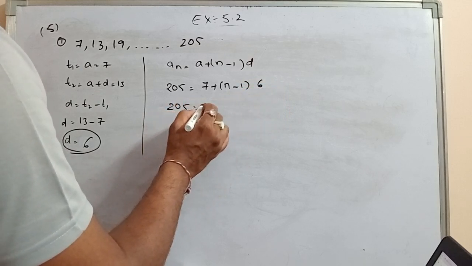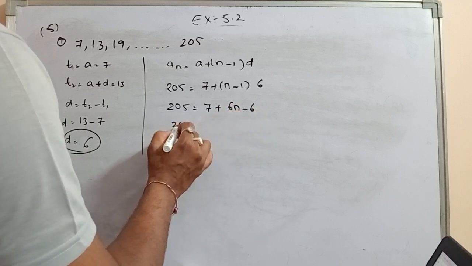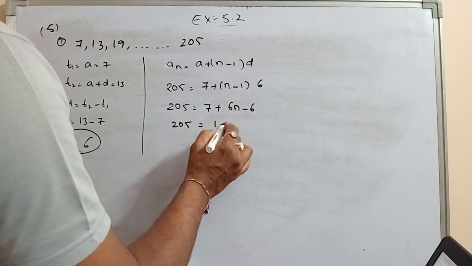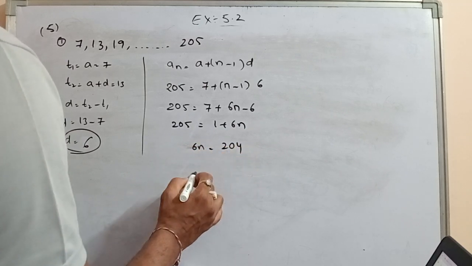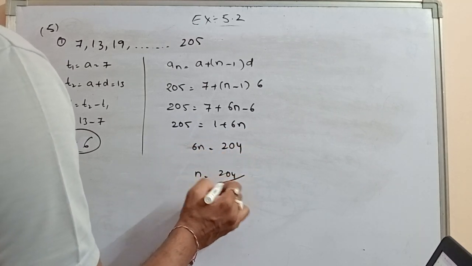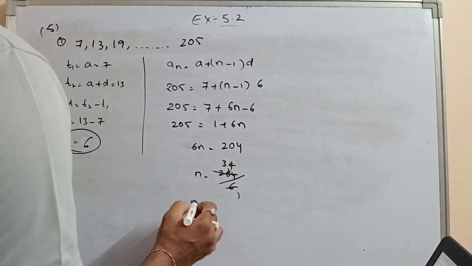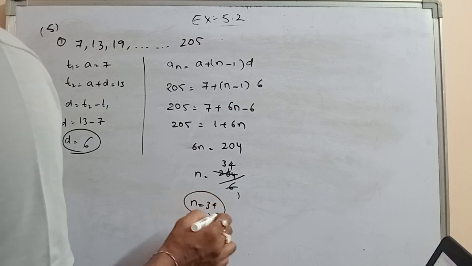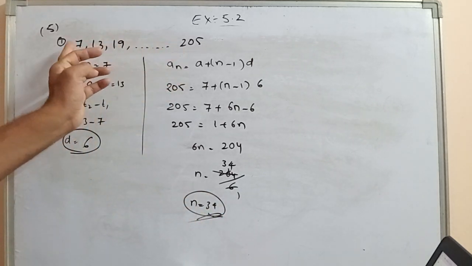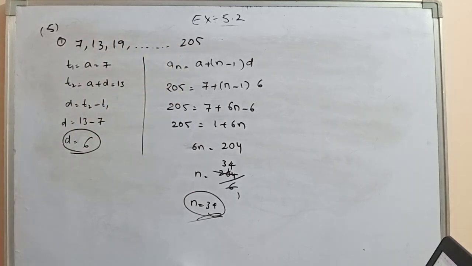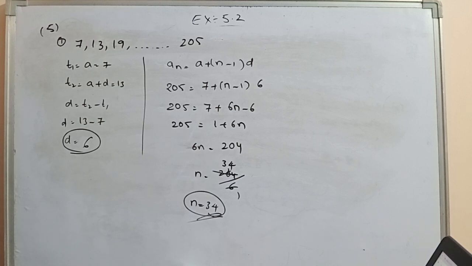So 205 is equal to 7 plus 6n minus 6, so 205 is equal to 1 plus 6n. 6n is equal to 204. n is equal to 204 divided by 6. 6 ones are 6, 6 threes are 18, 6 fours are 24. So the value of n will be 34. There are 34 terms between 7 and 205.